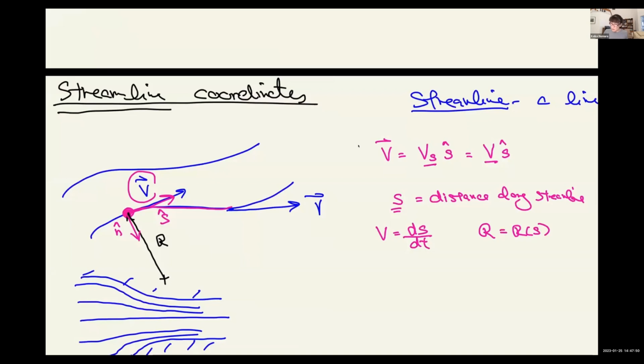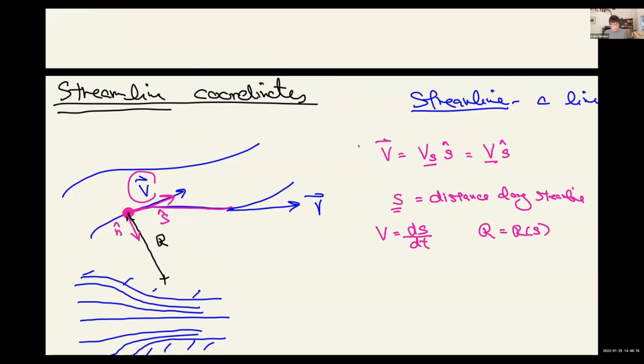It's going to change, and basically we can use N. If we follow S, that's the direction along which the speed changes. And the normal direction will account for changes in the direction of the flow.